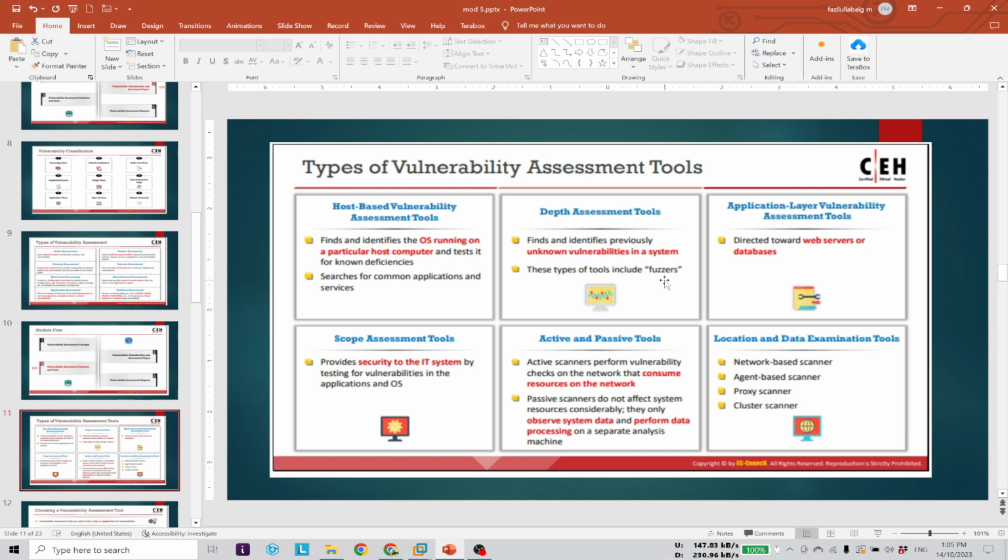They are just enumerating the particular value we need. For example, if you are brute forcing a username and password, we will have a bunch of words, a dictionary, and the tool will try to log in with the usernames and passwords we have in the dictionary.